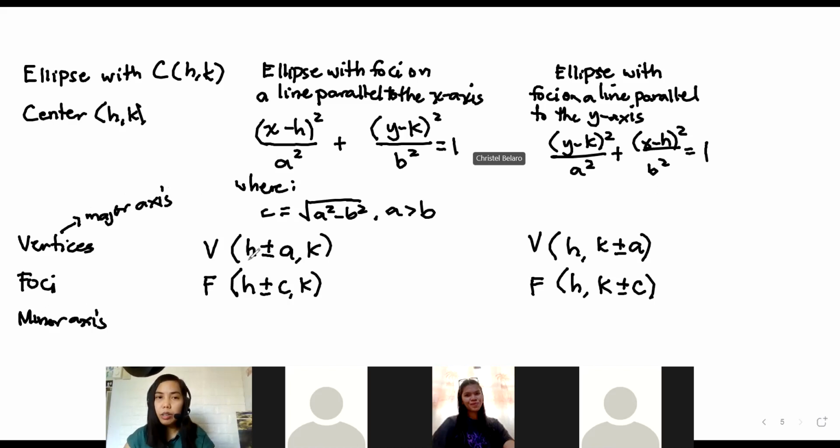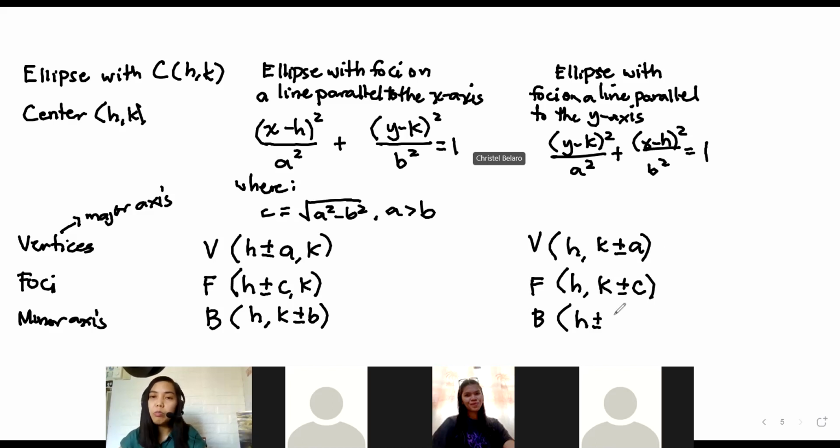Kung ang major axis ay nasa X, of course, ang minor axis nasa Y. So, H, K, plus or minus B. Okay? Dito naman, ang major axis nasa Y. So, kay H ka magdadagdag ng B or magbabawas ng value ng B. So, we'll have B is H plus or minus B, K.